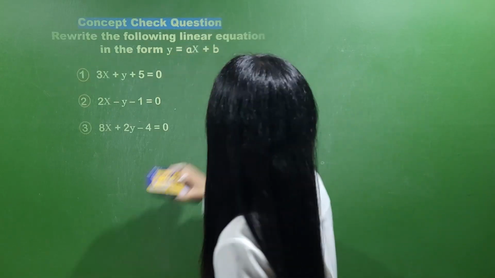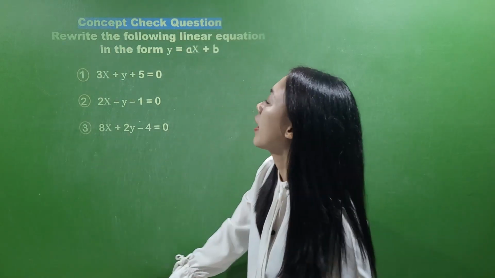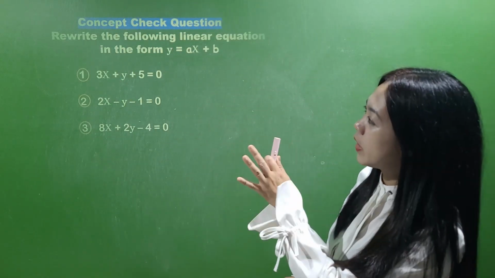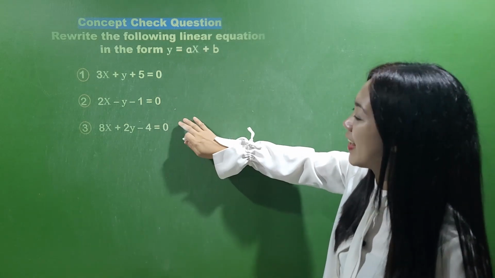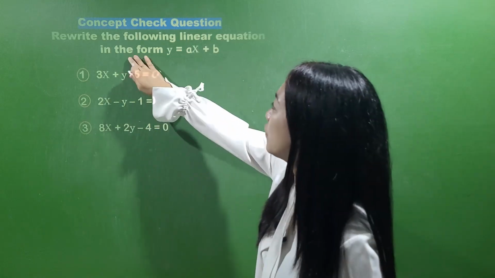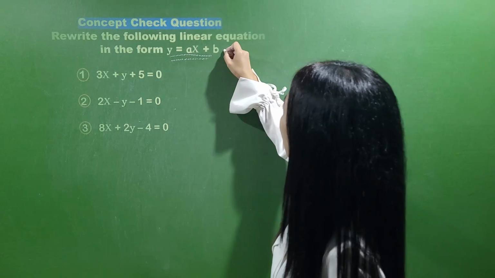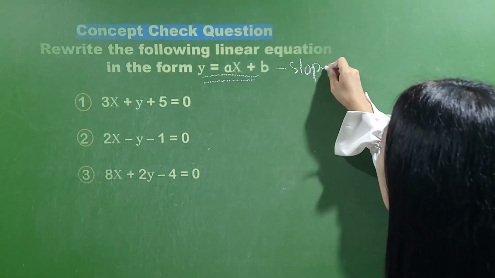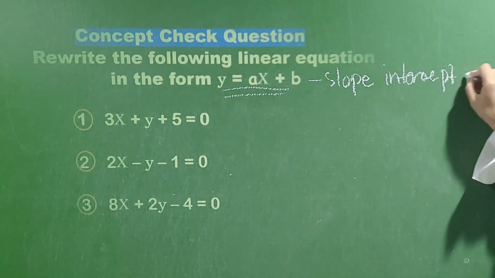Let's give more examples by answering this concept check question. The instruction is we will rewrite the following linear equations in standard form into the form y is equal to ax plus b, or the slope-intercept form.